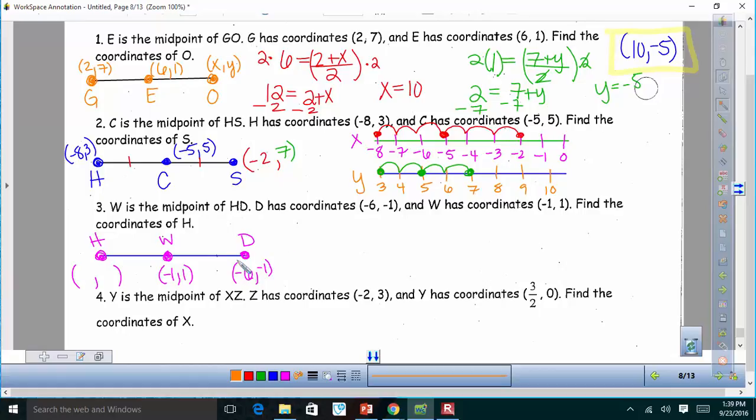We started with negative 6 and went to negative 1. So if I was to draw my number line, how many times would I have to hop to get from negative 6 to negative 1? 5. Okay, so we would hop 1, 2, 3, 4, 5. Let me finish the labeling.